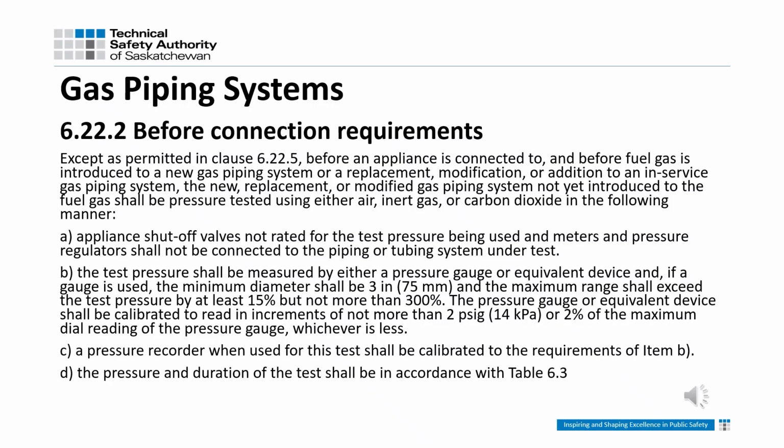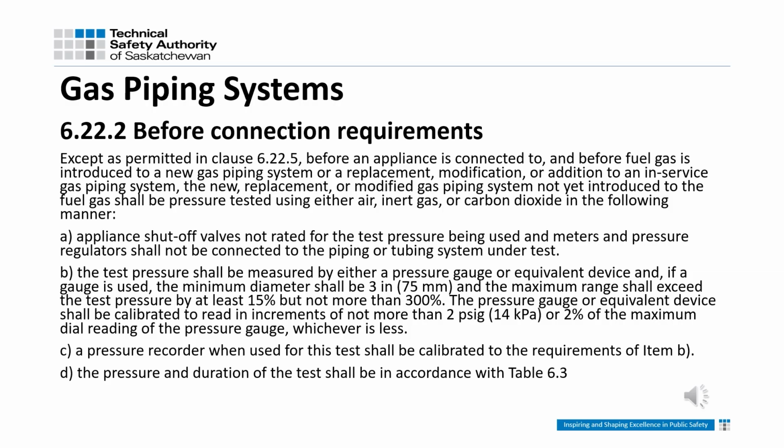6.22.2 Before connection requirements. This is the pneumatic test procedure for gas piping systems, whether it is a new job, replacement, modification, or an addition to an in-service gas piping system. A states to remove anything that is not rated for the pressure of the pneumatic test.